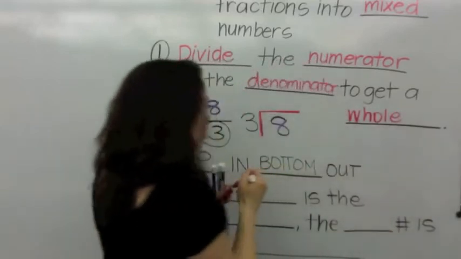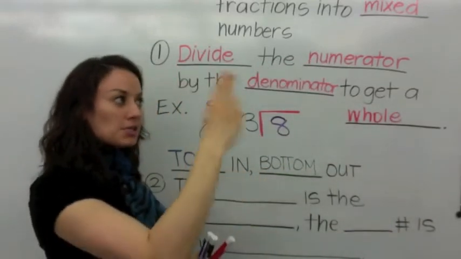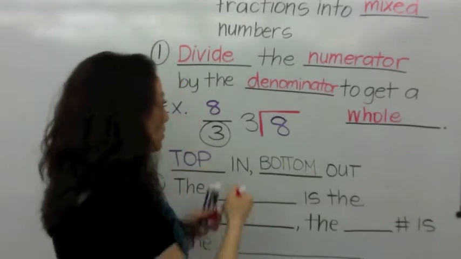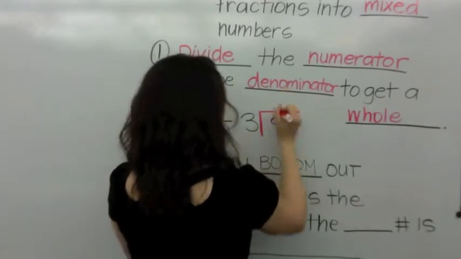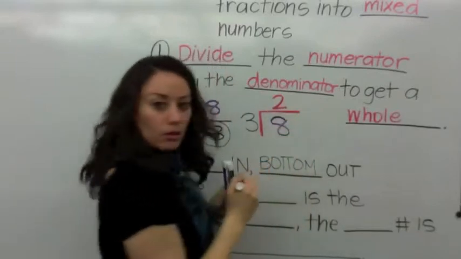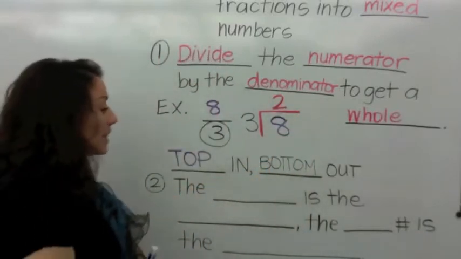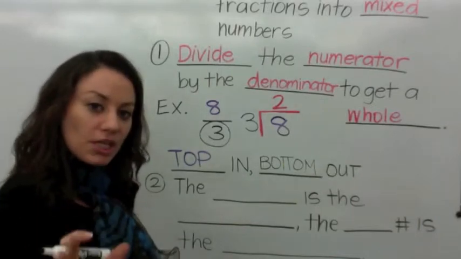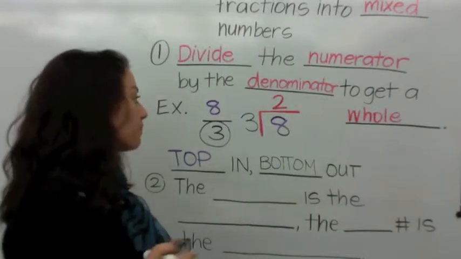All right, so when we skip count by 3, we get to 3, 6, but 9's too big, right? So we can only count 2 whole times, right? Okay, then we know there's going to be a remainder. So what we need to do is find that remainder by multiplying.